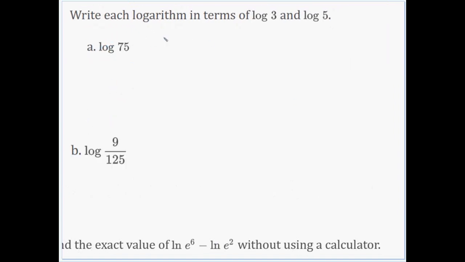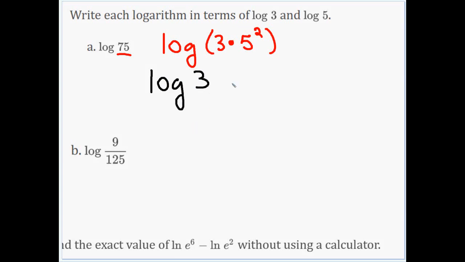All right, first one, we've got a common log of 75. And 75 we could write as 3 times 25. And that 25 we could rewrite as 5 squared. So now we've got a log of a product. So we can write that as the log of the first thing plus the log of the second thing, 5 squared.